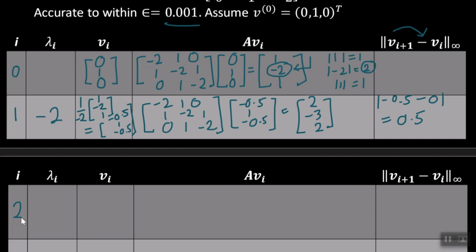For the second iteration, our lambda would be the entry with the highest magnitude, which is minus 3. And our new v would be 1 over minus 3 multiplied by this vector. And we would get the answer as negative 0.6667, 1, negative 0.6667.